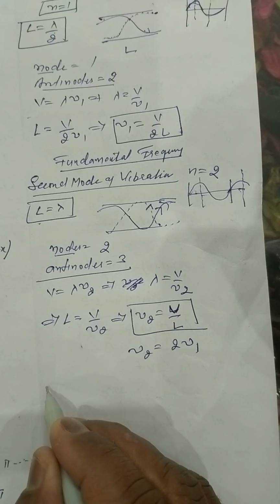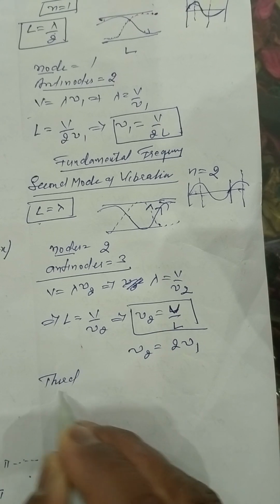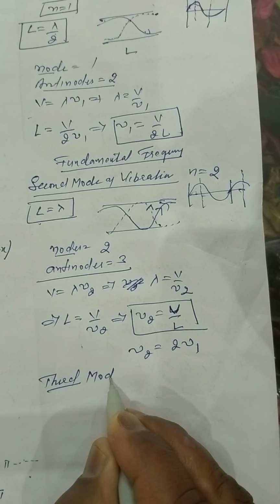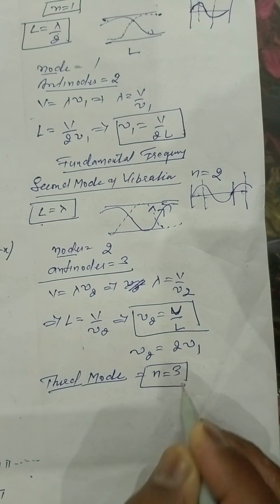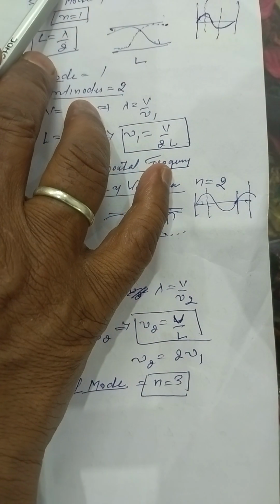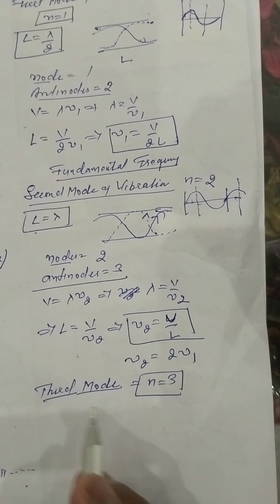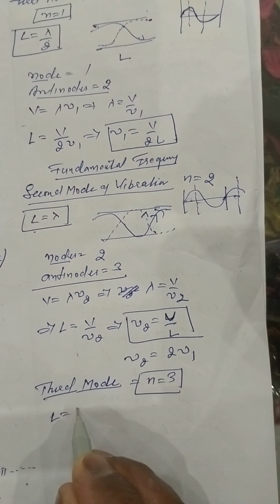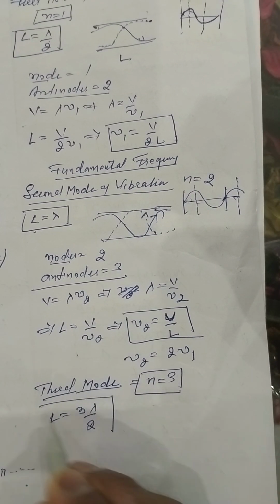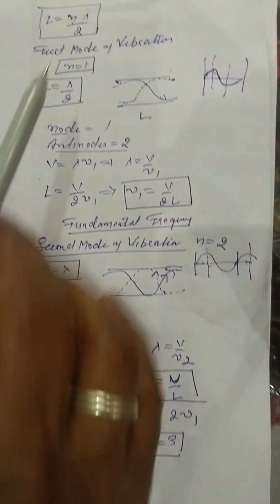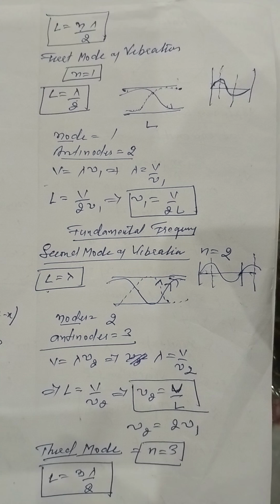For the third mode of vibration, we will put the value of n is equal to 3. So in this equation, which is the base equation, L is equal to n lambda upon 2, we will find that L is equal to 3 lambda upon 2.